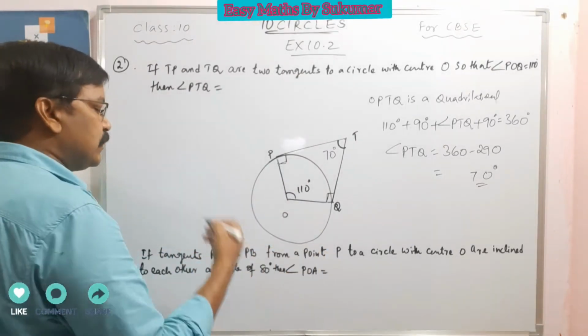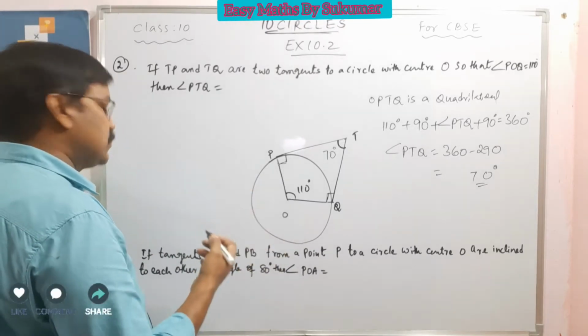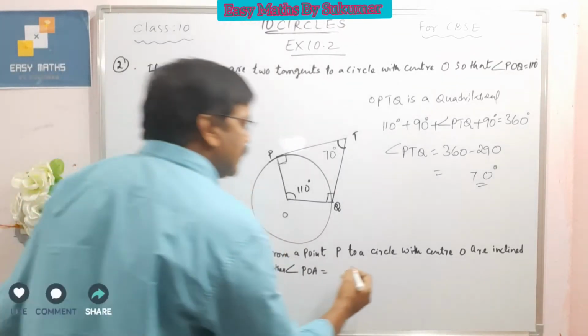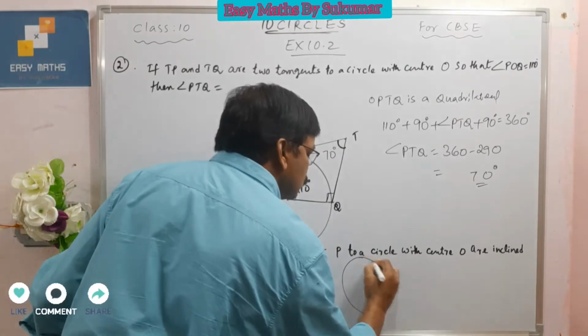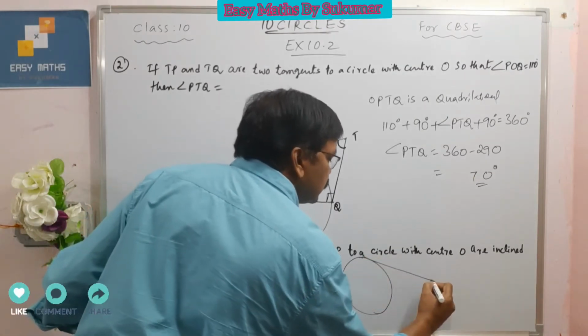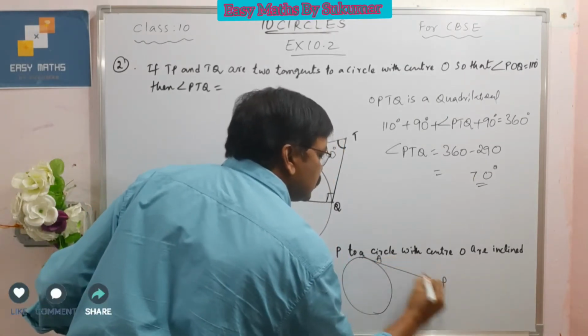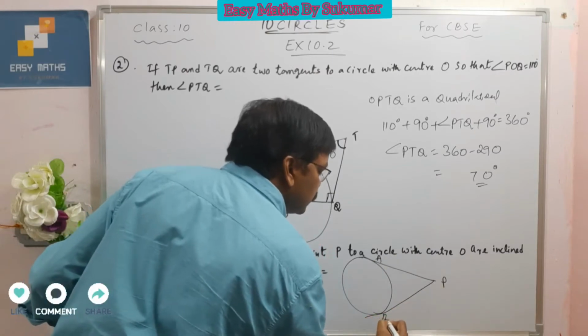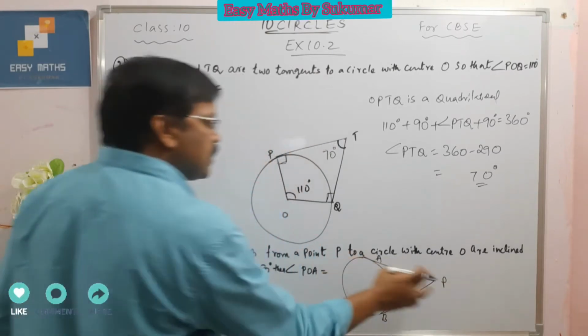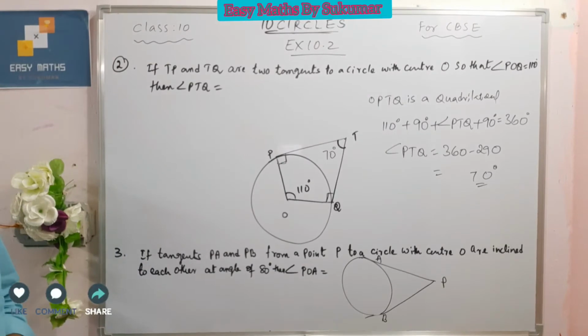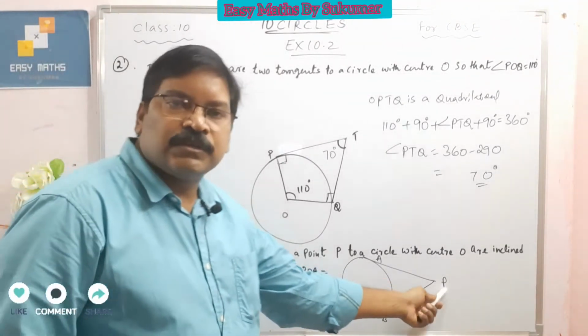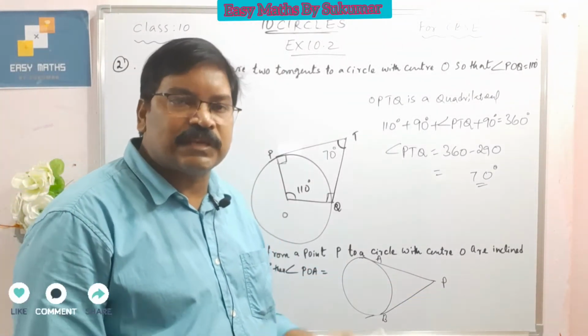PA and PB are the tangents drawn from a point P to the circle. Please look here. This is A and this is B. These two are the tangents, PA and PB, drawn from the point P to the circle.